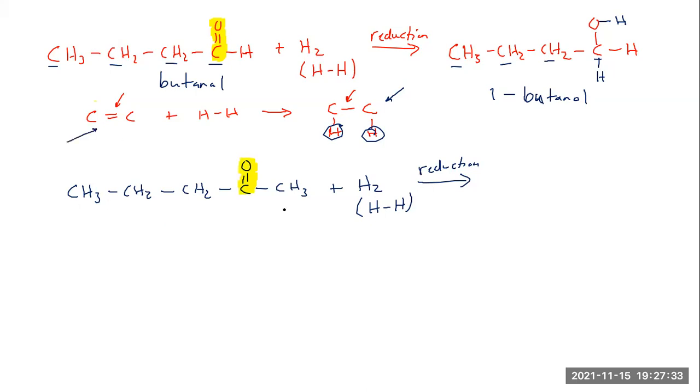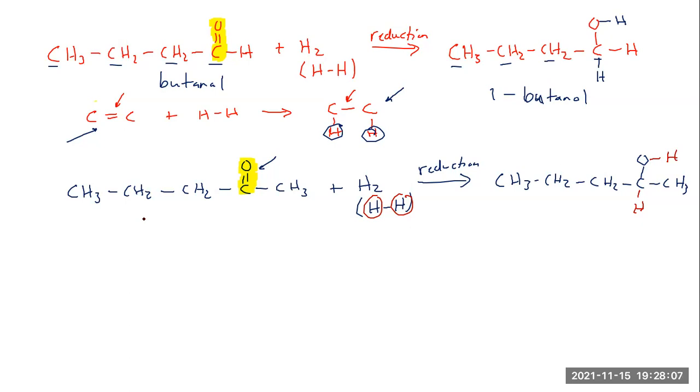And all we have to do is copy what's there, which would be CH3, CH2, CH2, carbon, oxygen, single bond now, CH3. Again, just like what we do with the carbon-carbon double bond, we're going to turn that into a single bond to make room for each of these hydrogens to come in. One will come to the oxygen, one will come to the carbon, and now we have our alcohol back.